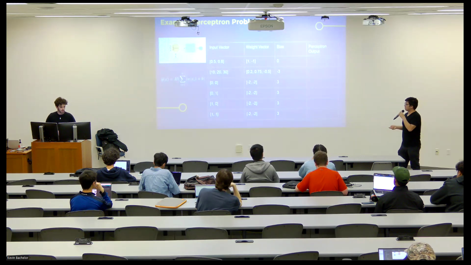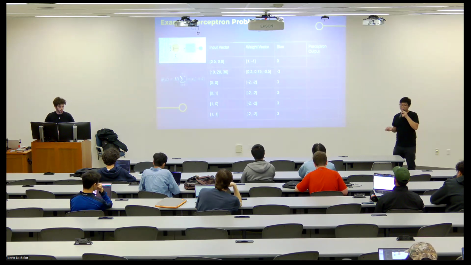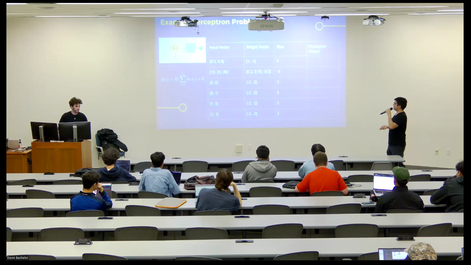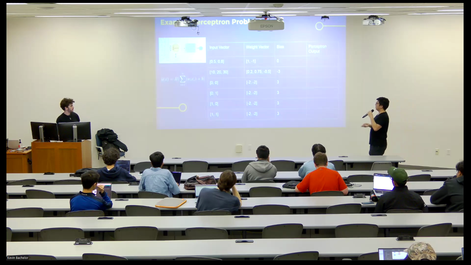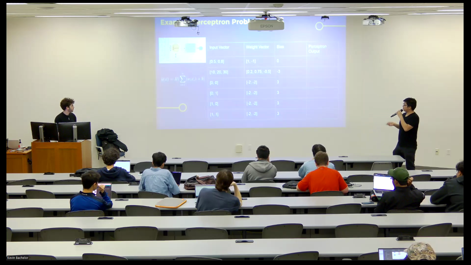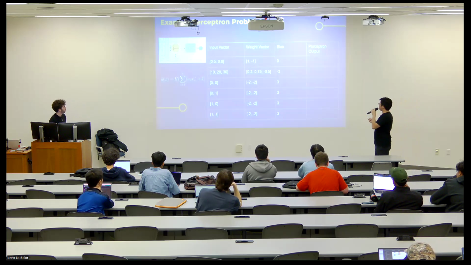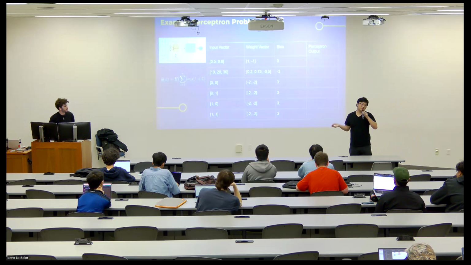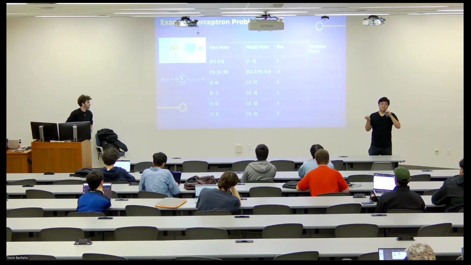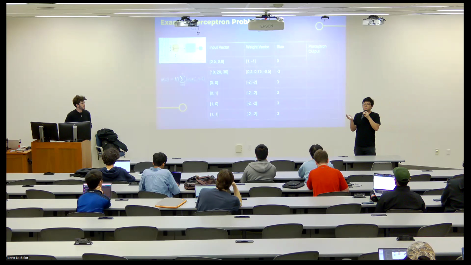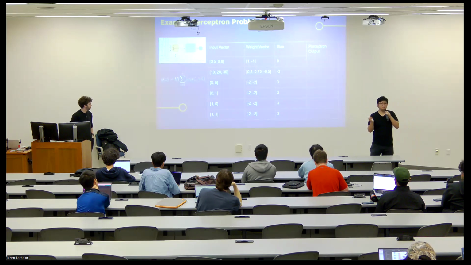And 0.8 times -1 is -0.8. So then 0.5 minus 0.8 is -0.3. And our bias is 0, so it's just -0.3. And then -0.3 is below 0. So then the classification is 0.